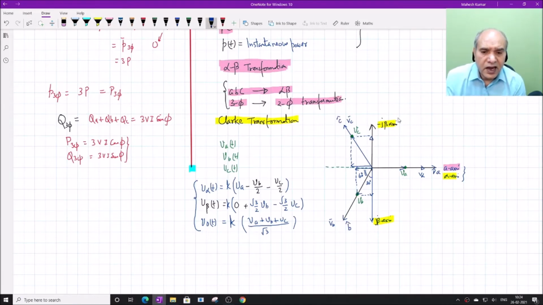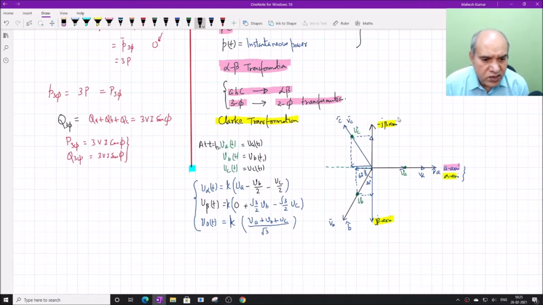At any point of time, let us say at t equal to t1, VA is equal to VA at t1. Similarly, VB is VB at t1, and VC is VC at t1.